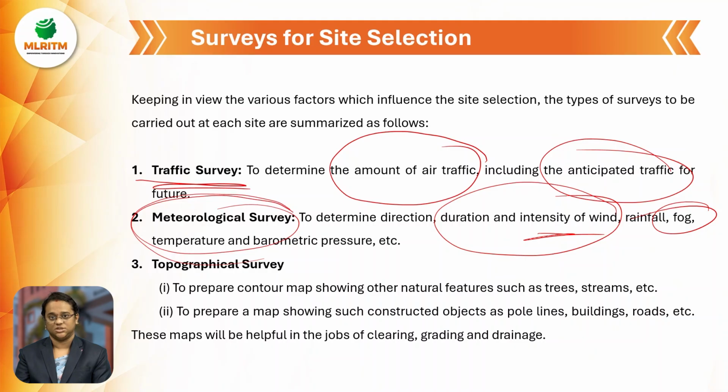Also the duration: how long the particular wind is traveling in that direction, or how long it is traveling at that particular intensity. These are some of the things we have to concentrate on in the meteorological survey.